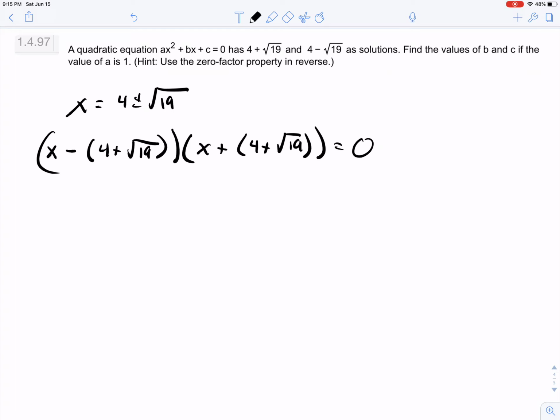So the technique we use here, we're going to use the associative property of addition. So we're going to regroup these in a certain kind of way.